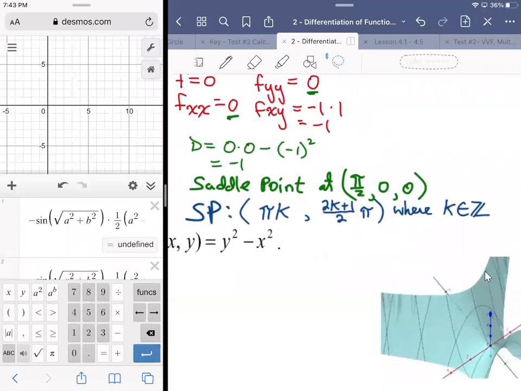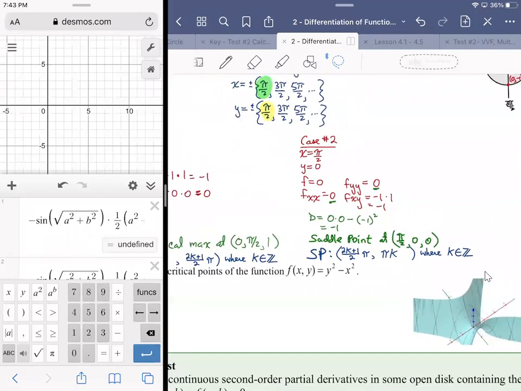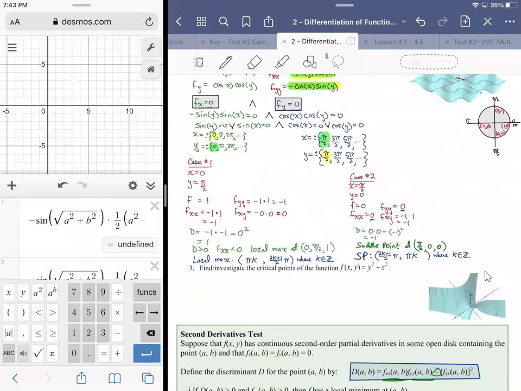Just we're going to swap these two. All right, so we have a justification for local max and saddle points.